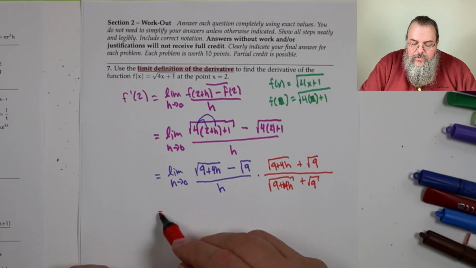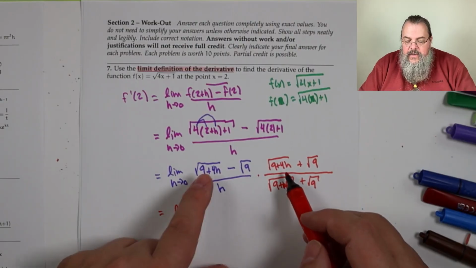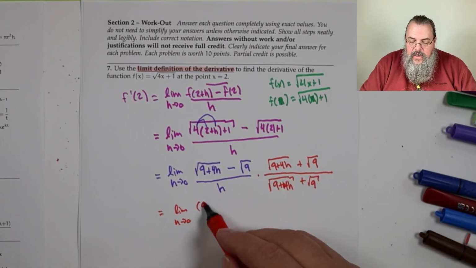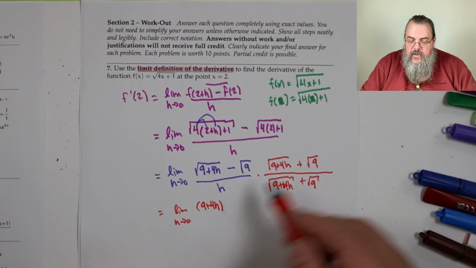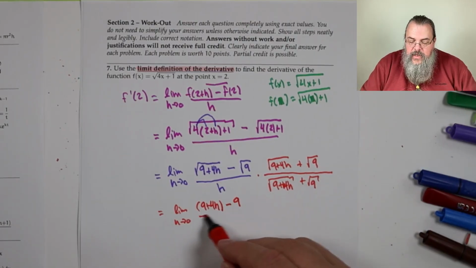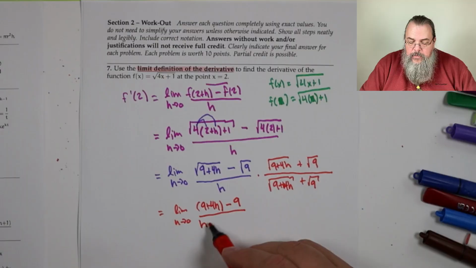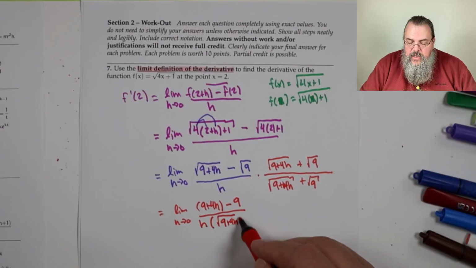And so what you're left with is the limit as h goes to 0 of your a squared, 9 plus 4h, minus your b squared, minus 9. Now downstairs, we're not going to expand. We only multiply where it helps us: 9 plus 4h plus the square root of 9.